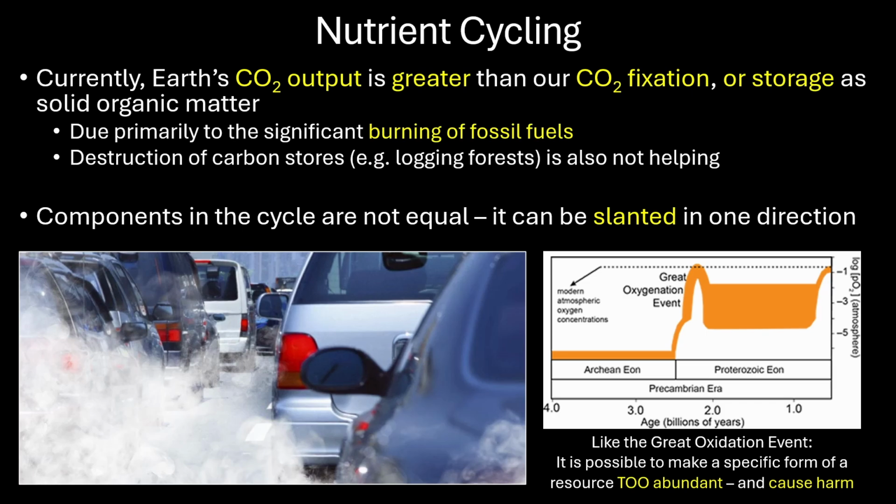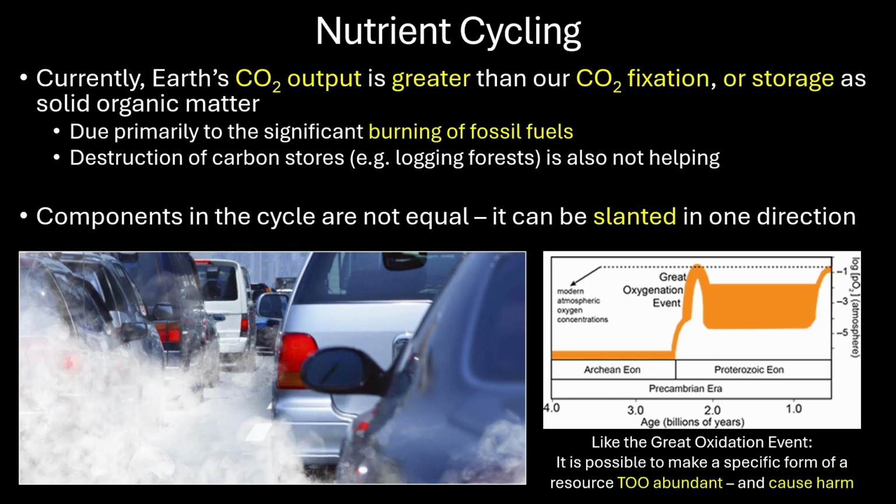We're also doing other problematic things, like destroying a lot of forests in the environment that are also places where carbon is stored in different forms. And that's not helping much either. So it's important to note that the components of the cycle are not perfectly equal.